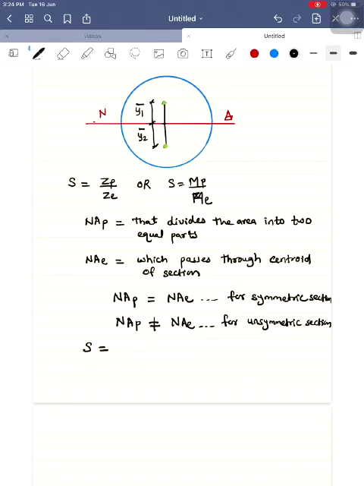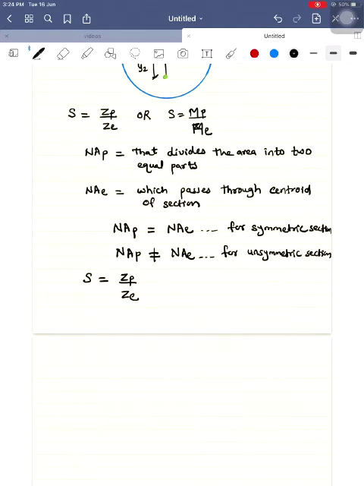Shape factor is equal to plastic sectional modulus to elastic sectional modulus. What is elastic sectional modulus for circular section? Elastic sectional modulus can be determined by I upon Y max, where I is moment of inertia of circular section, that is pi by 64 d raised to 4, upon Y max.